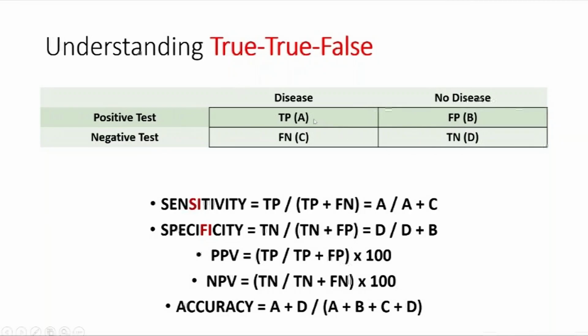So the addition of A and the addition of this D, divide by the total cells. That will give you your accuracy. You can watch the video on easy specificity. I think I described this concept better there.